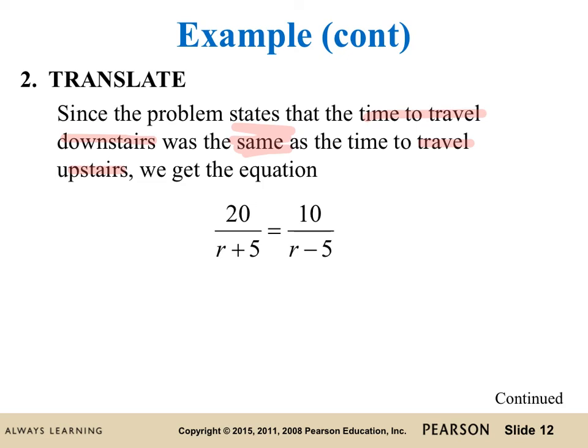So again, we're going to need to find an LCD, and our LCD is r, well, let's not use a capital R. You'll get in trouble in my math lab if we do that. r plus 5 times r minus 5. So there's our LCD. And we're going to need it on both sides.